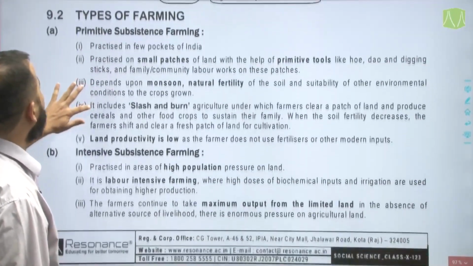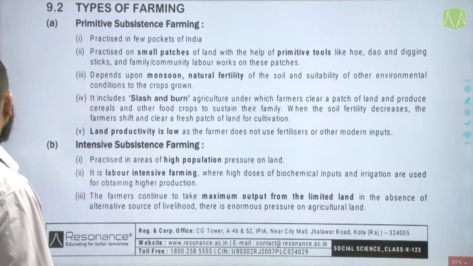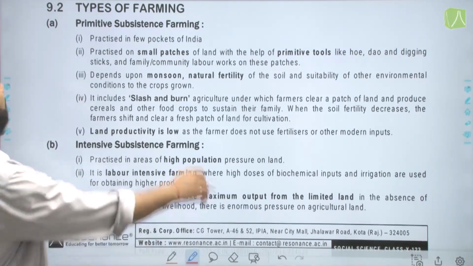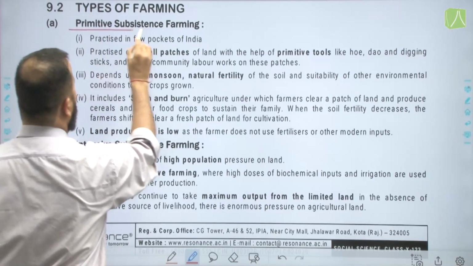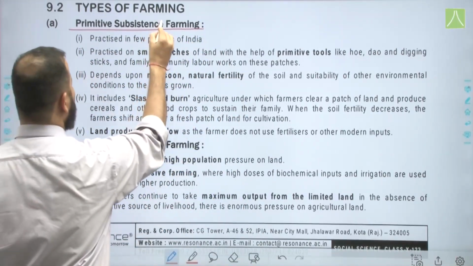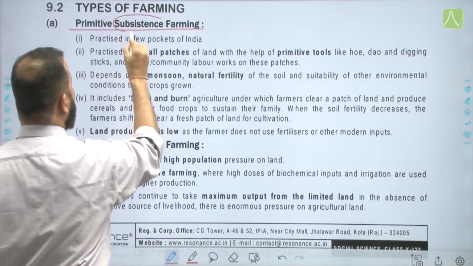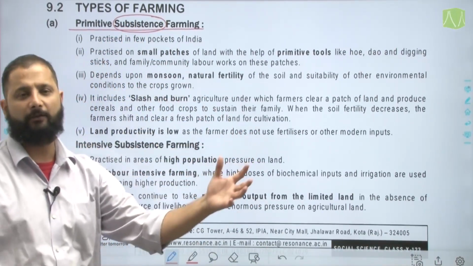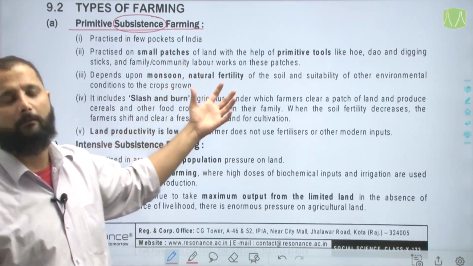This brings us to our next topic, the types of farming. First you can talk about primitive subsistence farming. This word subsistence is not a new word for you. We have seen this word in class 8th when we were discussing this chapter agriculture.